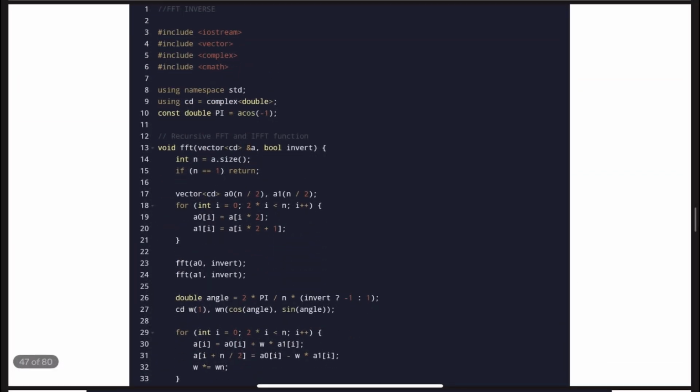So now we will be looking at the inverse FFT. Same concept as FFT, but there are some changes. So the inverse FFT logic is that it divides the complex numbers by 2 and solves it recursively.